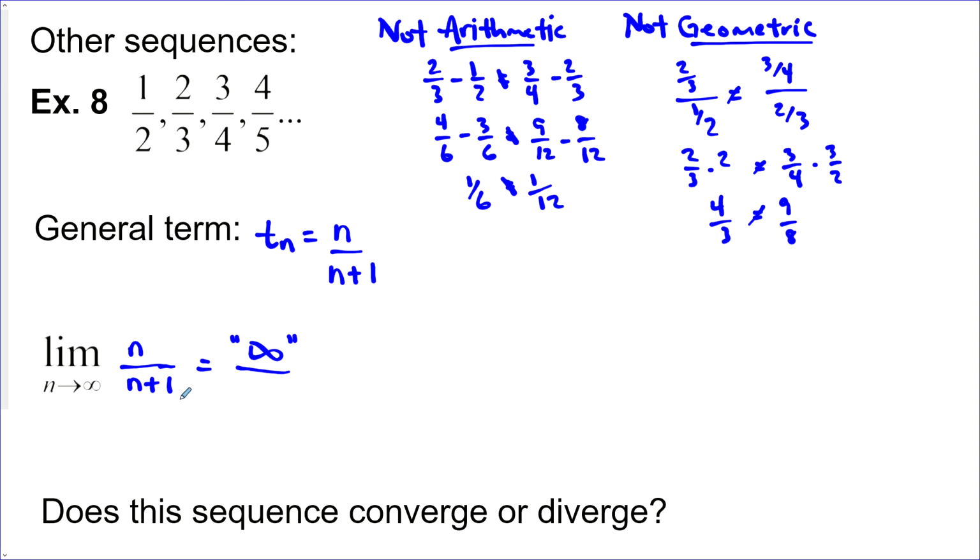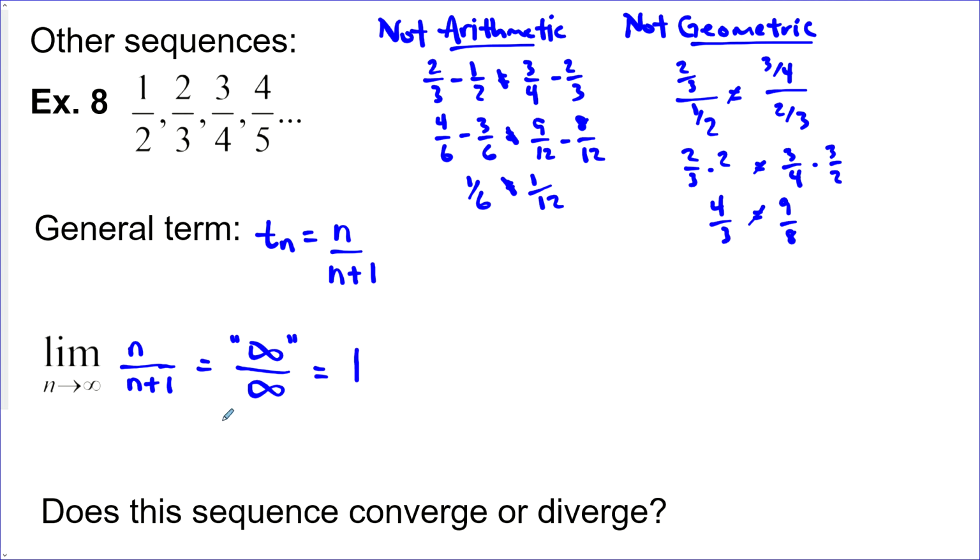Well, the farther and farther we go, the less and less that this plus 1 matters. So whereas this one is 0.5 and 0.666, 0.75, and so on, we're just getting closer and closer together. So really, this limit would equal 1.